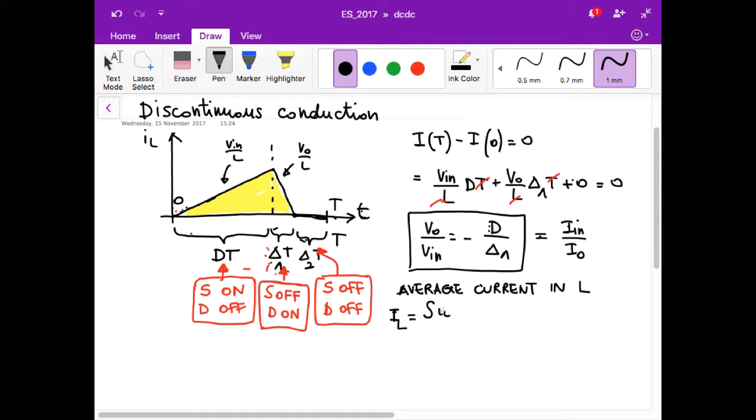So the integral of I_L in dt from 0 to T over T, and this integral is equal to the area of the triangle here, which is the base times the height. The height is, let me write it as a function of VO.